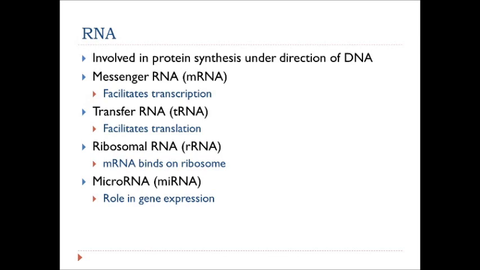Ribosomal RNA or rRNA is where the mRNA will bind on the ribosome. The ribosome is the place where proteins are created. And microRNA or miRNA, one that you don't hear about too often, has a role in gene expression. So it can interfere with mRNA messages.